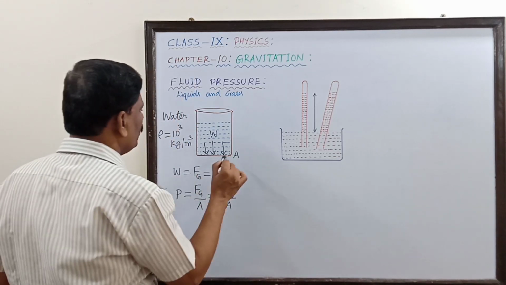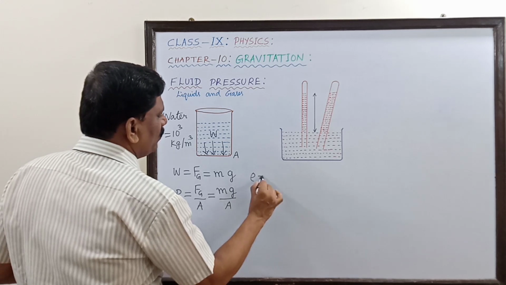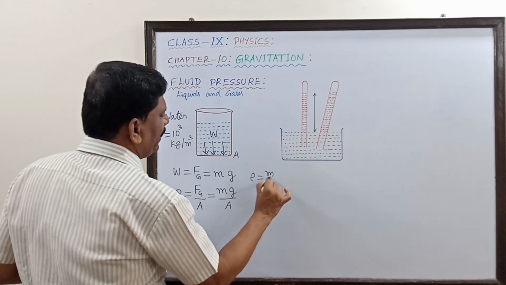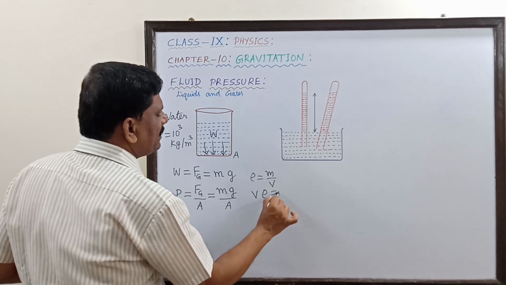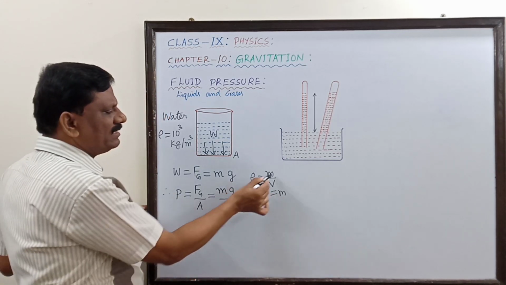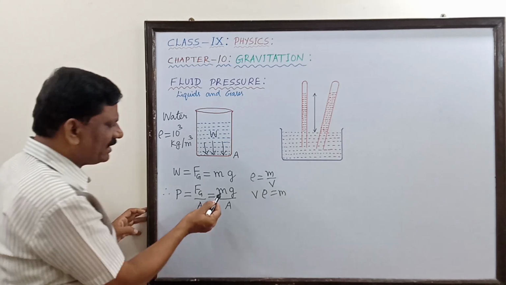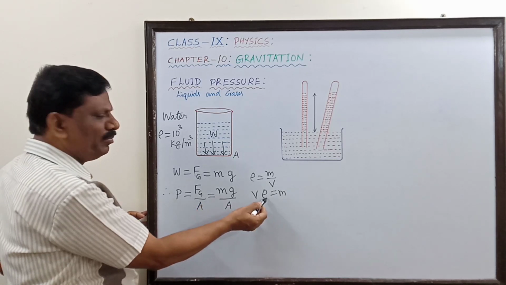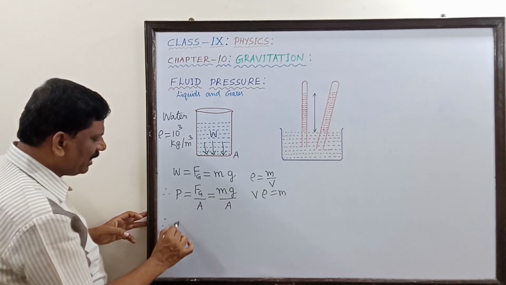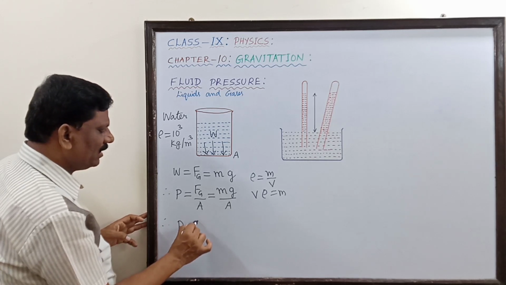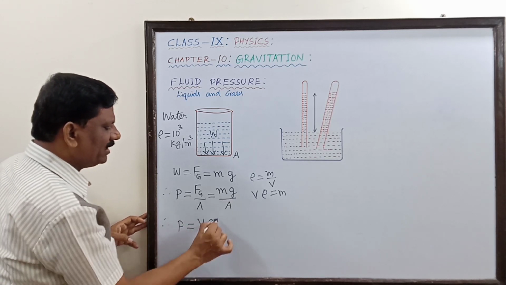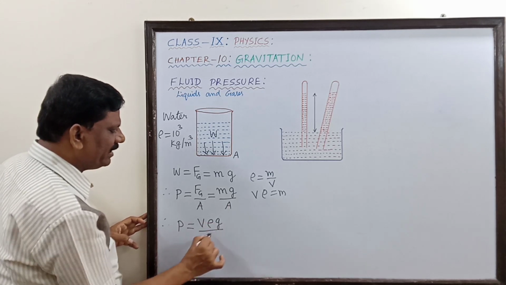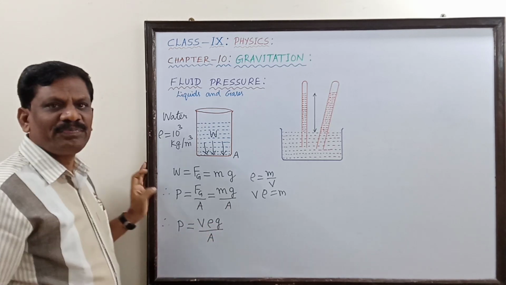So rho equals mass by volume, or volume into density is equal to mass. So instead of this mass, I am going to substitute volume into density. Therefore, now pressure is equal to volume into density of water into acceleration due to gravity divided by area.